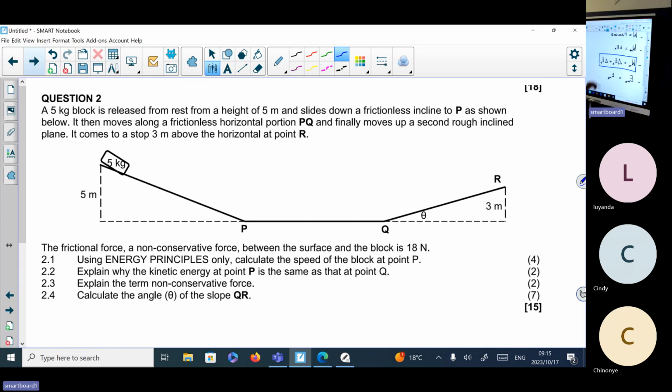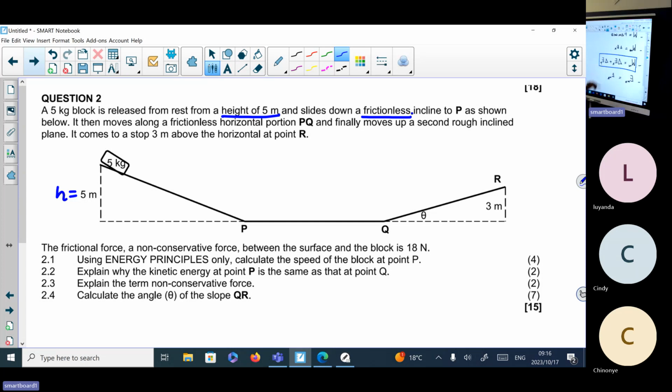A 5 kg block is released from rest from a height of 5 meters. Already we have the height. So the next thing will be for us to check: is there any frictional force or is there any applied or tension force? They are saying it slides down a frictionless incline. There is no frictional force. And then it is sliding.